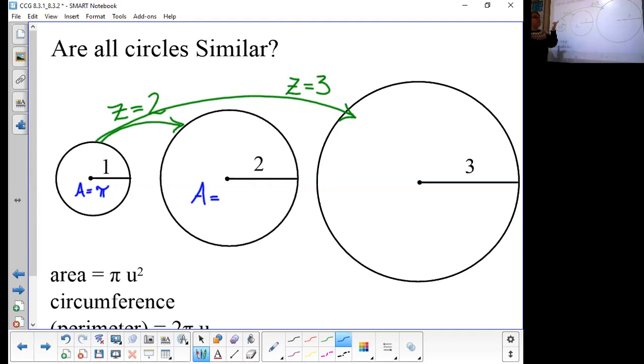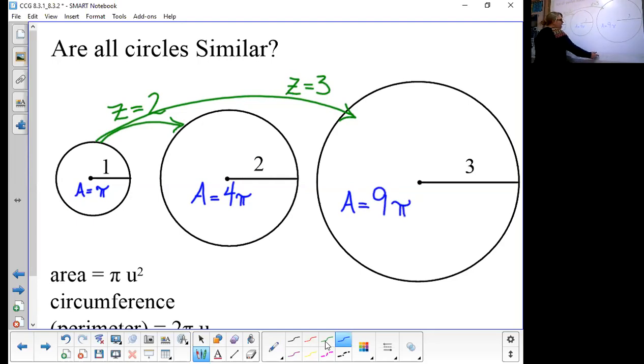So I'm multiplying by the zoom factor once for the length and a second time for the width. So I would get 2 squared, which is 4 times pi, because pi is the original area. What about for this one? My zoom factor was 3. What would the area for that one be? 9 pi. 3 squared, which is 9, times the original area, which is pi.